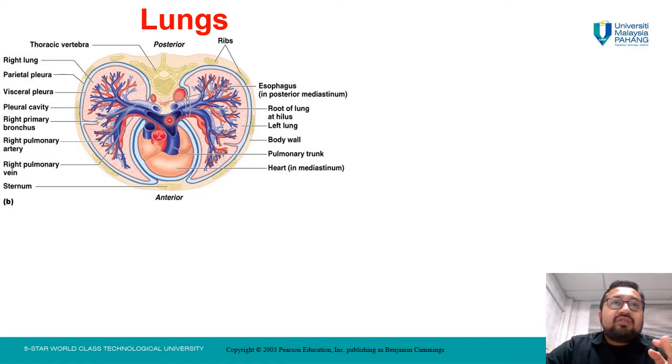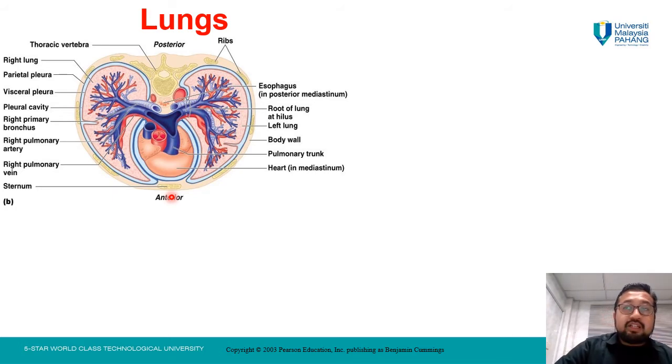So from lung to the heart, we call it a pulmonary vein. Okay, so pulmonary vein will be filled with the oxygen. So it will bring the oxygen to the heart, and the heart will distribute all of this oxygen to the entire body.